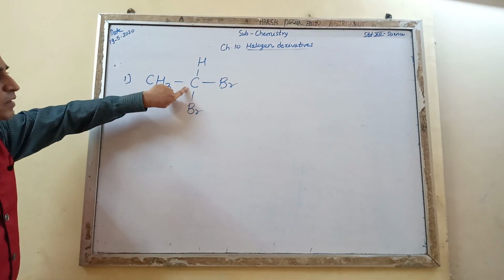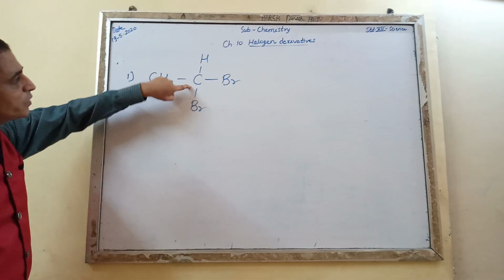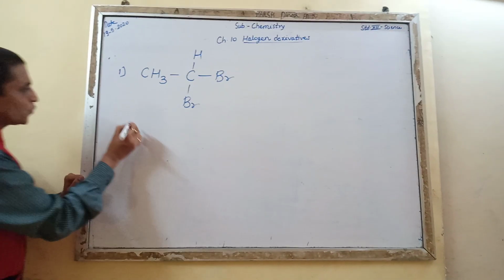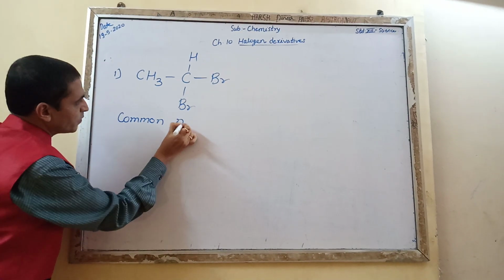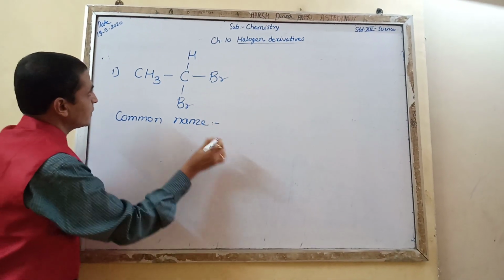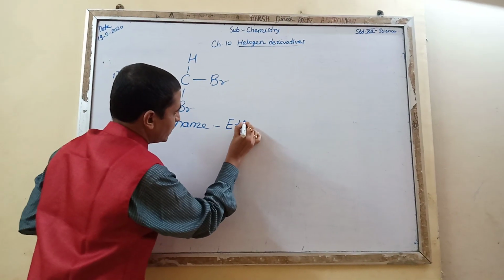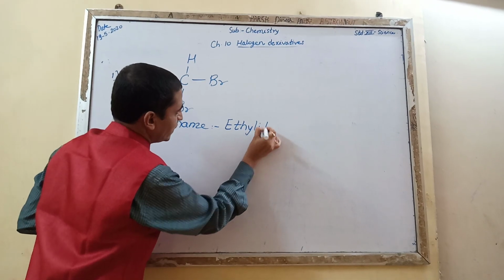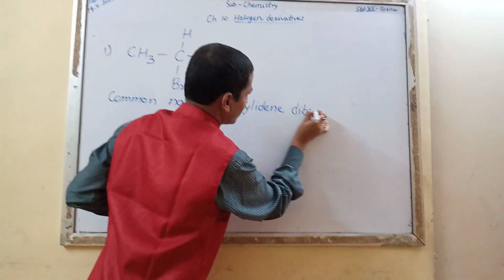That means it is an example of geminal dihalide. So for this structure, the common name can be written as, since there are two carbon atoms, ethylidene dibromide.